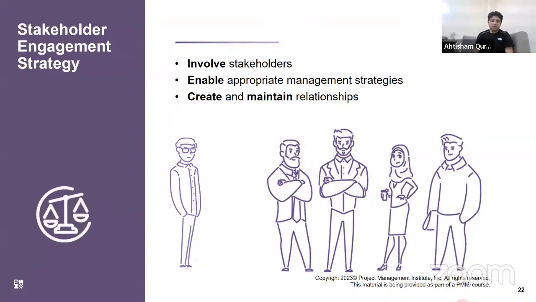Now you know who your stakeholders are, you have assessed them, you have grouped them, and now you have to formulate the engagement strategy. You need to involve them in your meetings. You need to get up from your seat and go and walk and talk with them, maybe for a coffee break, lunch break, smoke break, wherever you get in touch with them.